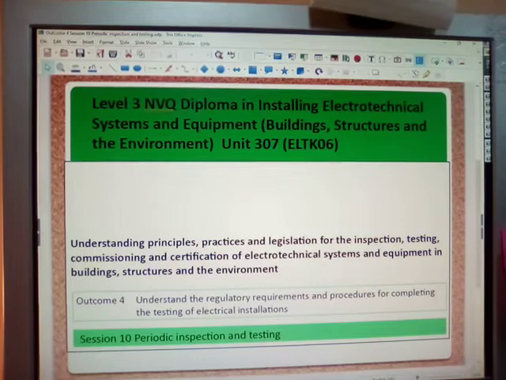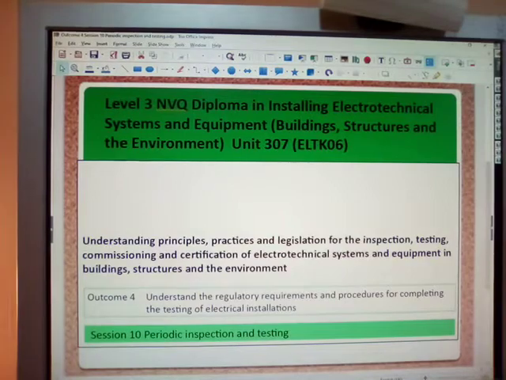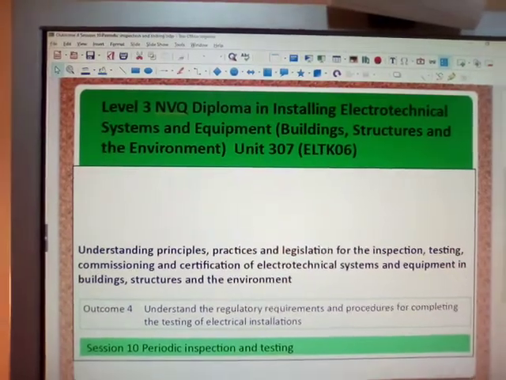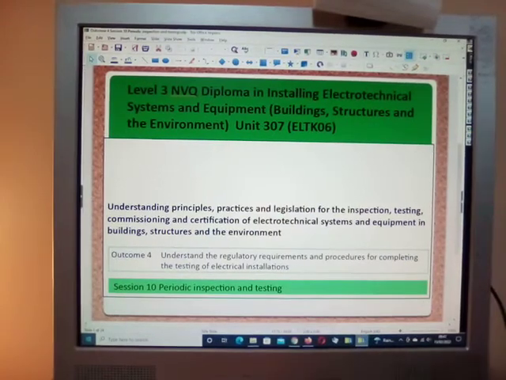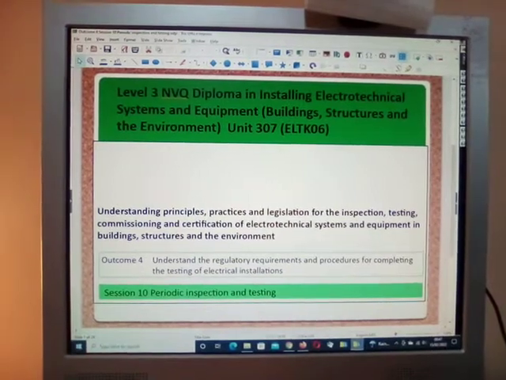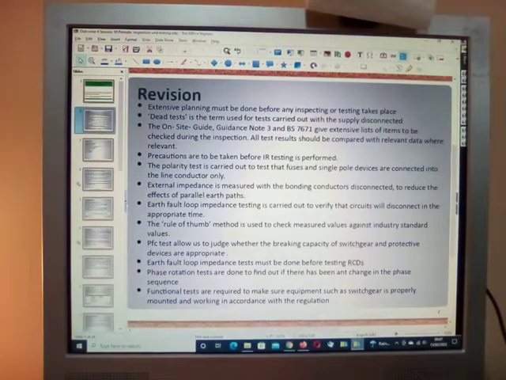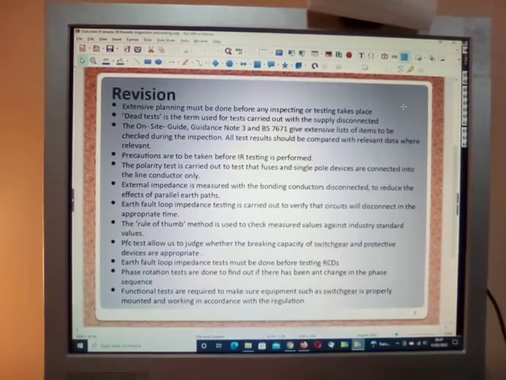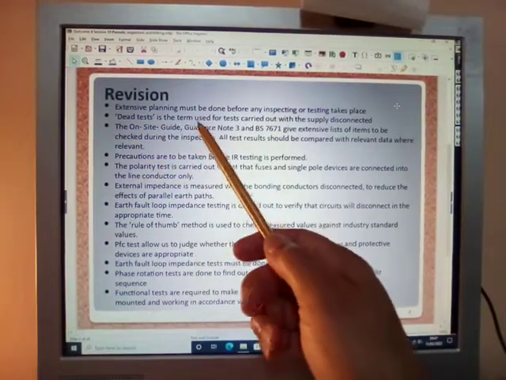Here we have Session 10, Periodic Inspection and Testing. Well, this is just revision. Basically, extensive planning must be done.